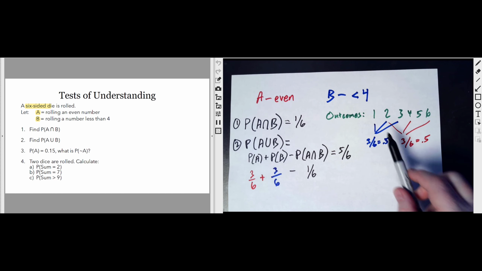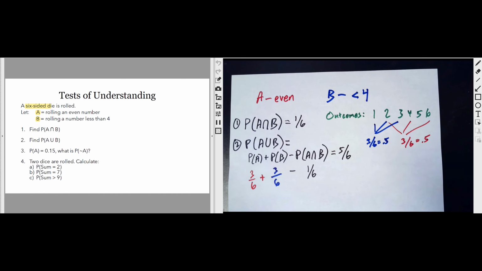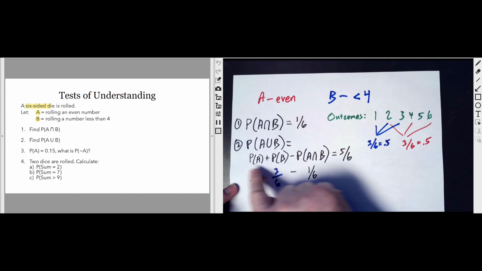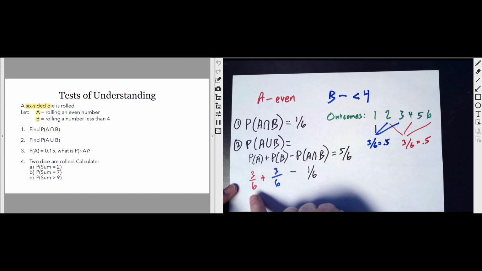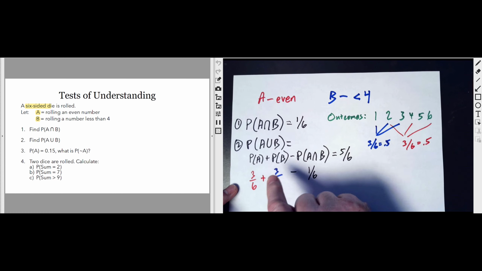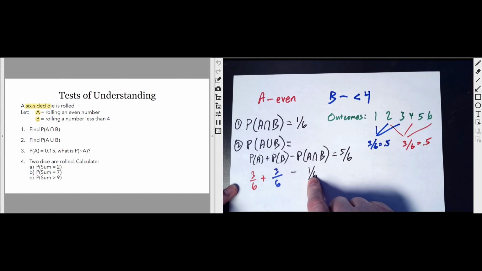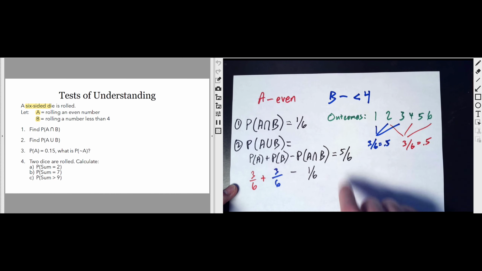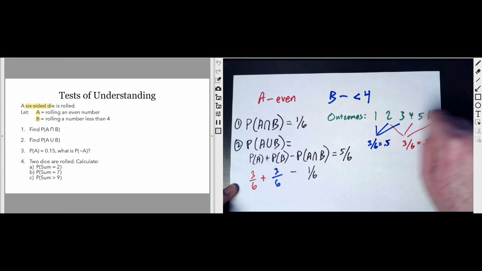Now, we could have considered the outcomes directly, and we could have discovered the same thing not using our formula, but since we know this formula, and since we already have computed the probability of A, the probability of B, and the probability of A and B, it's easier to just compute this number as opposed to counting up outcomes.